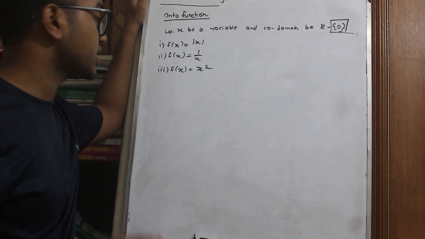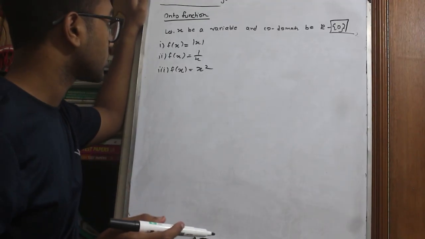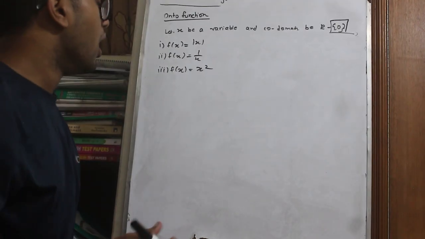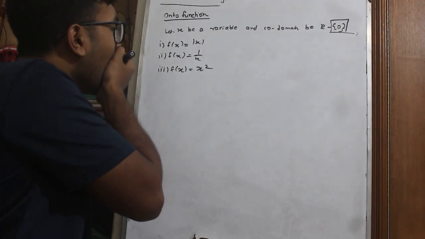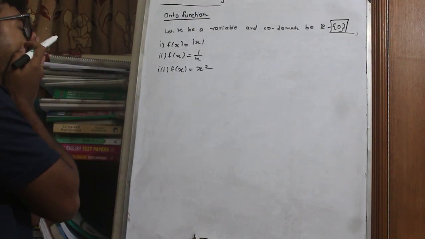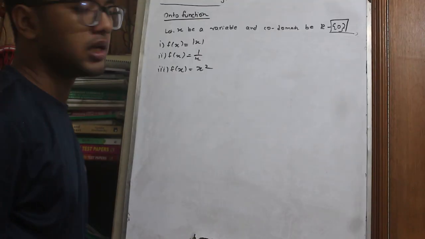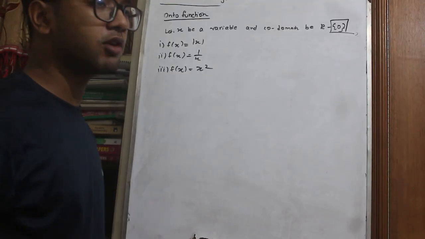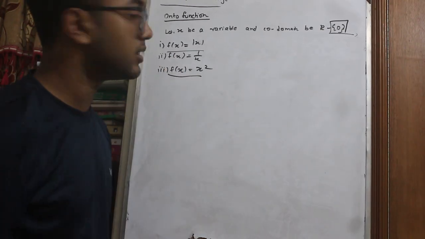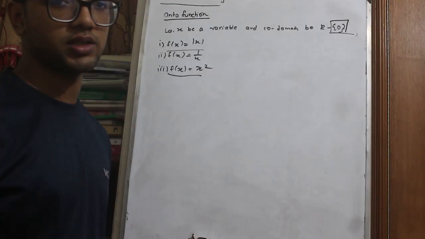So the question now is, in which function, if we put the result 0, there won't be any function at all.